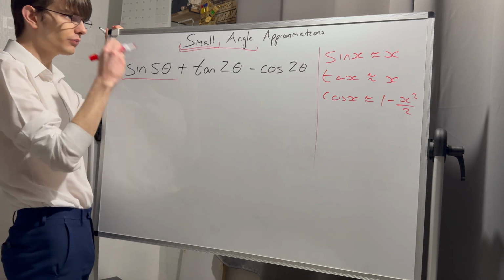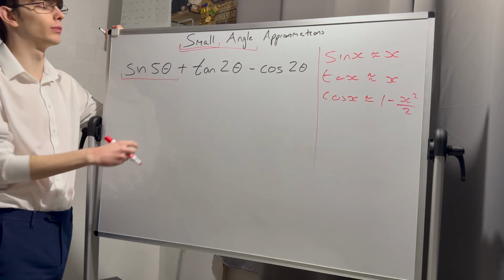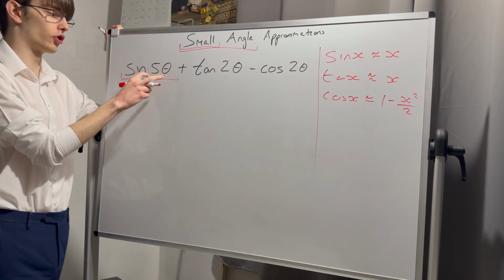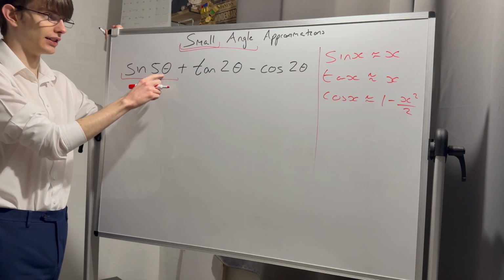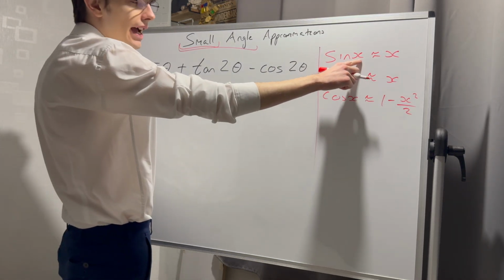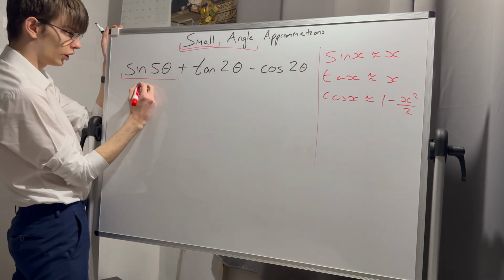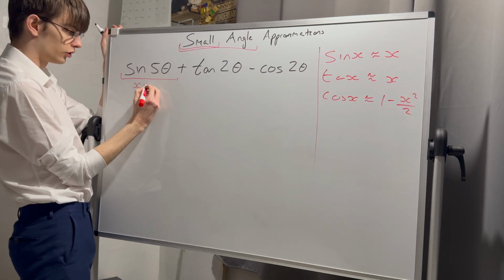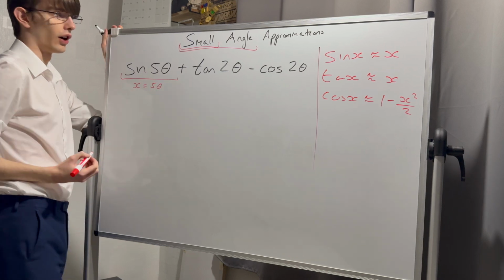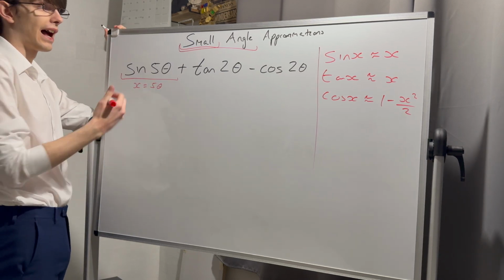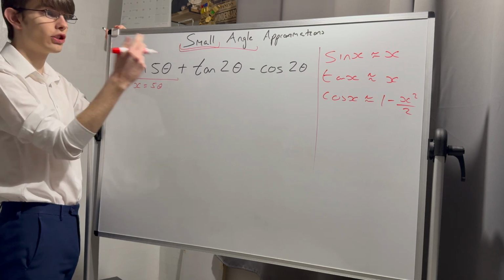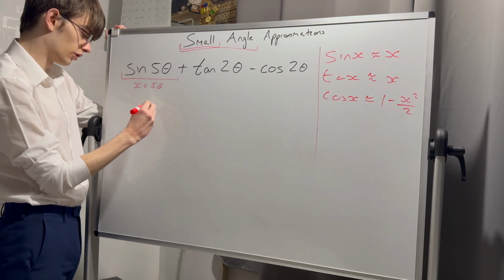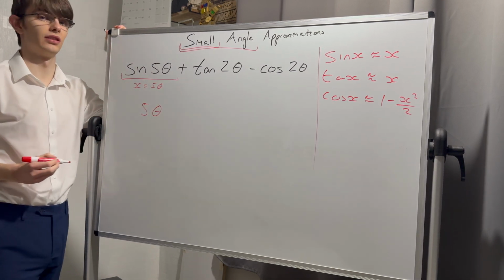Well, always compare, especially in trigonometry, what's going on inside my function. Here there's a 5 theta. Here there's an x. So instead of having sine of x, I've got sine of 5 theta, so my x is equal to 5 theta. And what does sine x approximate to? It just approximates to x. So this thing here just approximates to 5 theta.